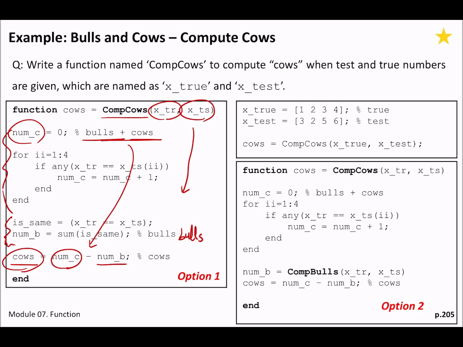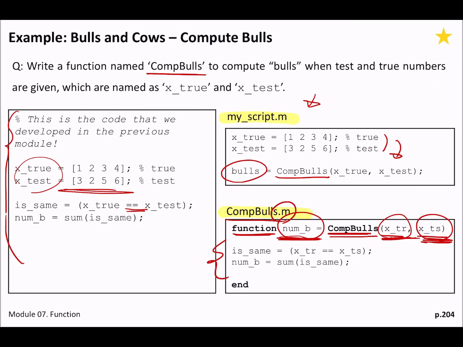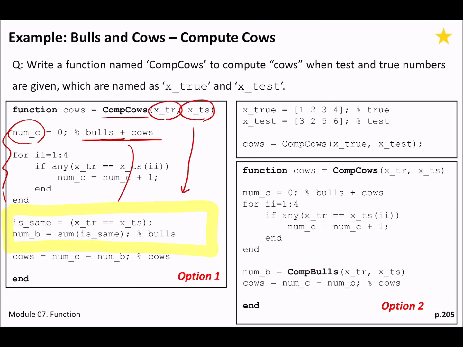But here, this part. We already made a function to compute the bool in the previous example, right? This one, right? So we can reuse this compute bool function.